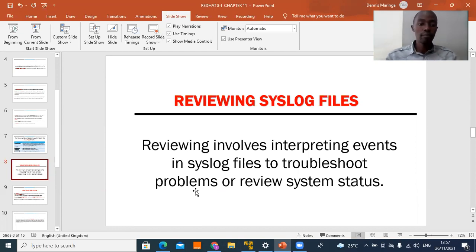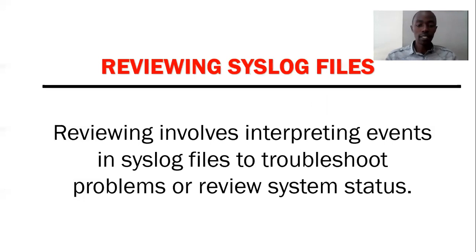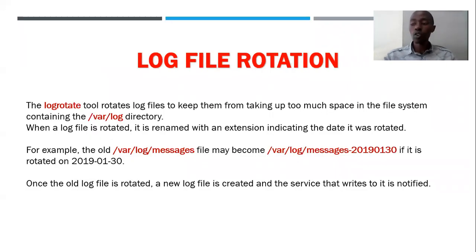Now comes this other part, log file rotation. Now, what is logrotate? The logrotate tool rotates log files to keep them from taking up too much space in the file system containing the /var/log directory.